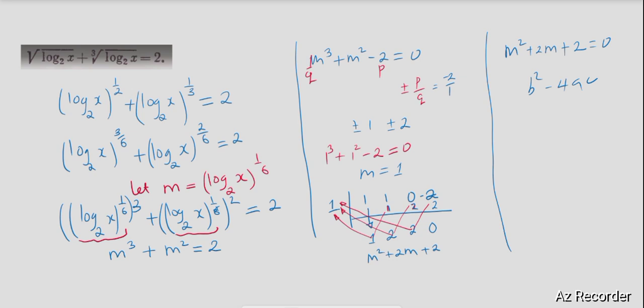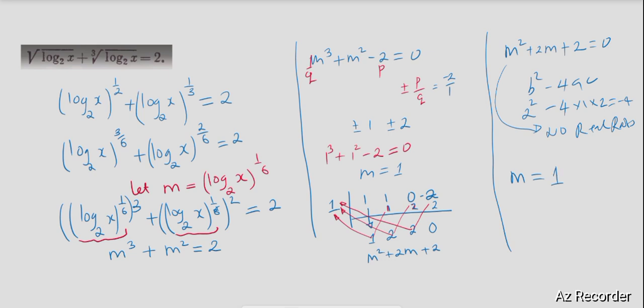So our b squared is 2 squared minus 4 times the coefficient of a, which is 1, and the constant c is 2. And the answer is going to be negative 4. Since the discriminant is negative, it means that for this quadratic here, we have no real roots. Therefore, for the cubic polynomial that we had, the only solution that we're going to work with is m is equals to 1.